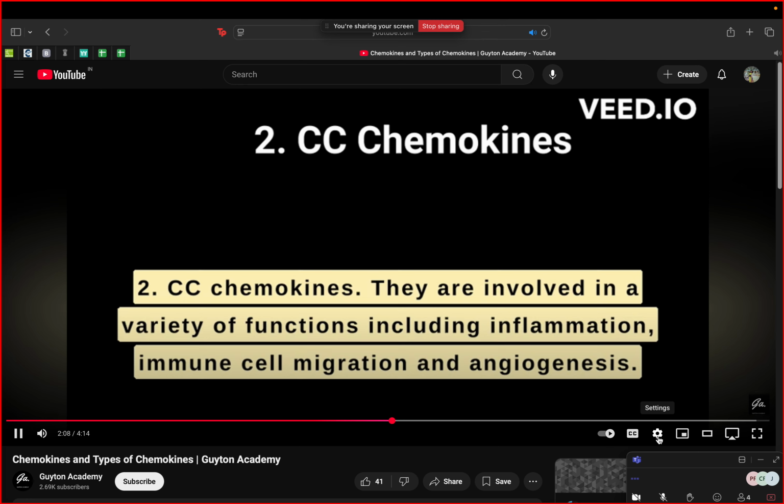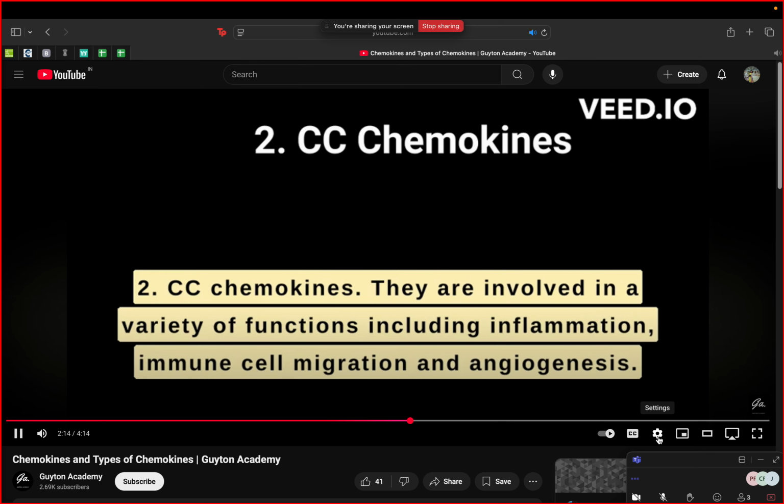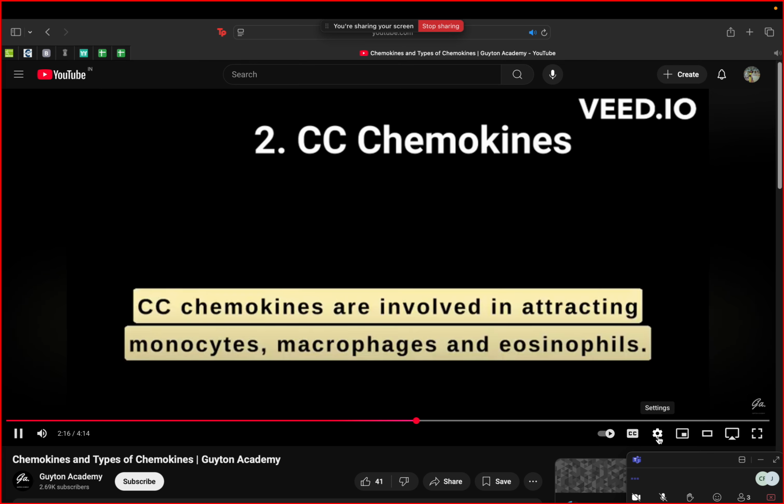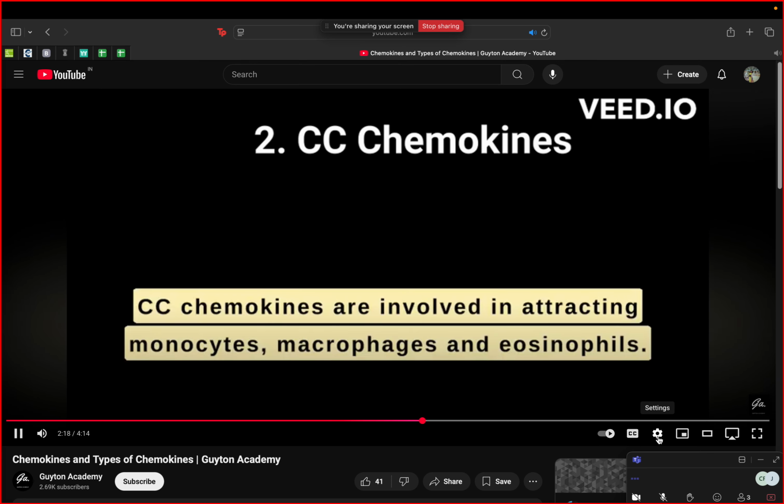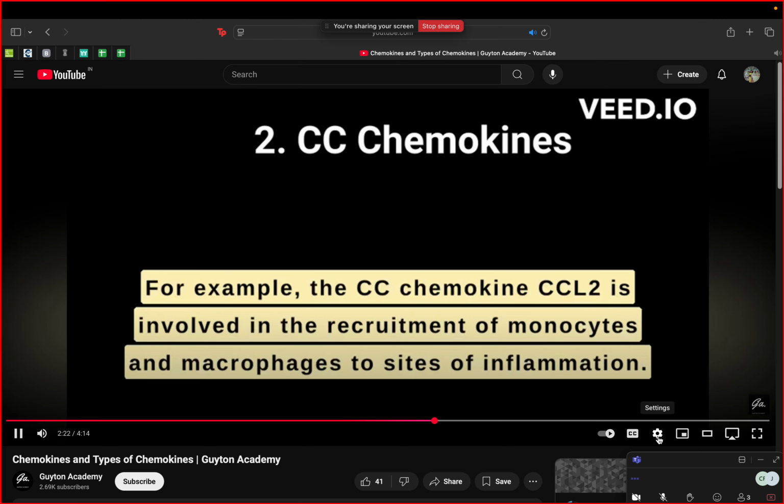2. CC chemokines. They are involved in a variety of functions, including inflammation, immune cell migration, and angiogenesis. CC chemokines are involved in attracting monocytes, macrophages, and eosinophils. For example, the CC chemokine CCL2 is involved in the recruitment of monocytes and macrophages to sites of inflammation.